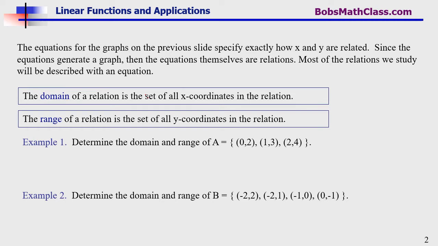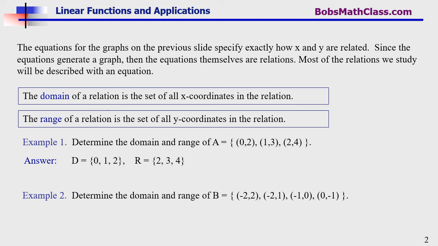Well, the x values are 0, 1, and 2. Remember that x is first, then y is second. So that's the domain. What about the range? Well, the range is the y values. What are the y values? Right, 2, 3, and 4.